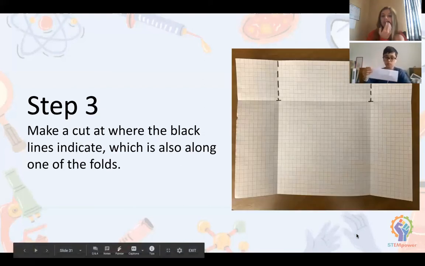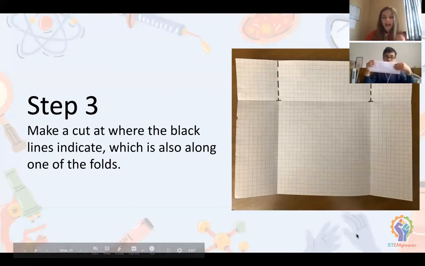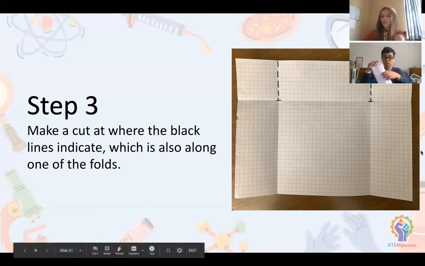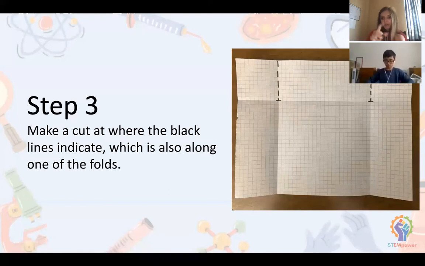Okay, so now you're gonna make a cut at where the black lines indicate. So completely unfold yours, and you're gonna see that you have little squares. Yeah, so for the top two of those little squares, do you see where the black line is on my screen? You're gonna wanna cut that. Just cut it straight.